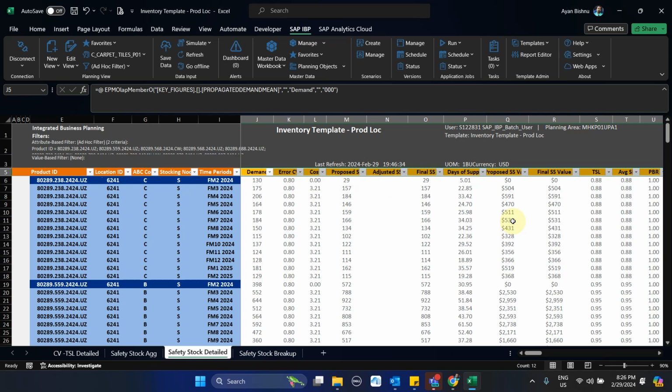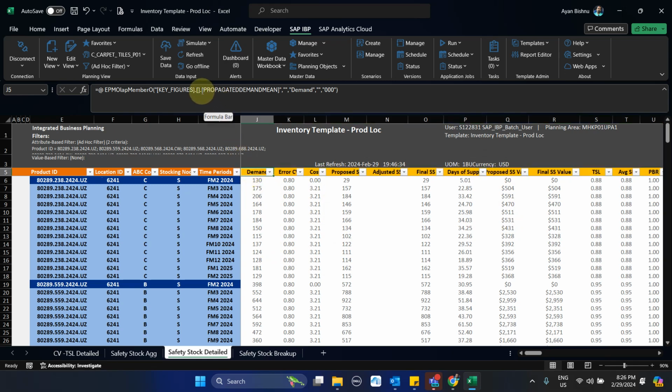Now if you see here, based on the demands, and here the demand is not IO demand but it is the propagated demand mean. So what does propagated demand mean? Whenever I have a DC wherein I get a customer demand, that customer demand comes under the key figure IO forecast.